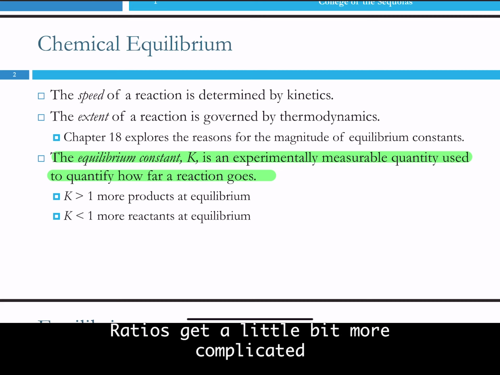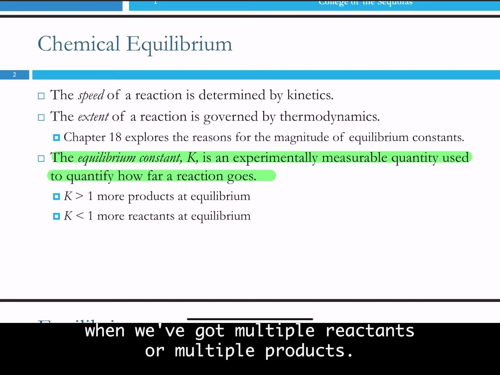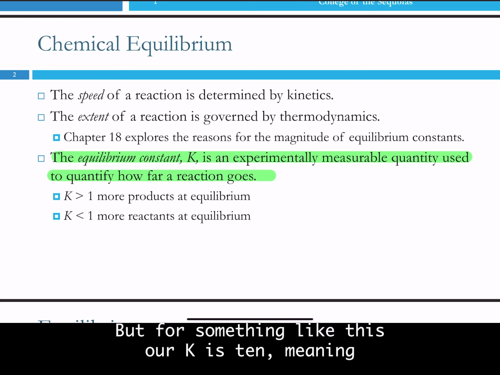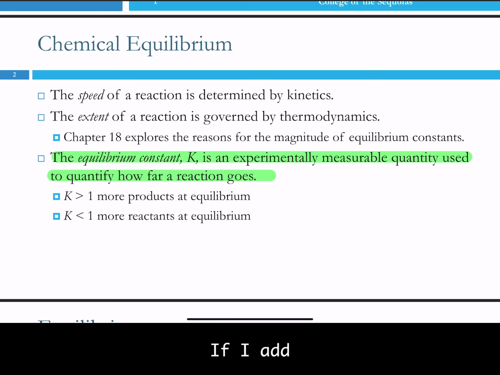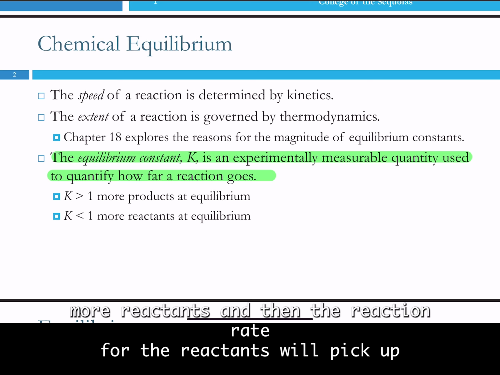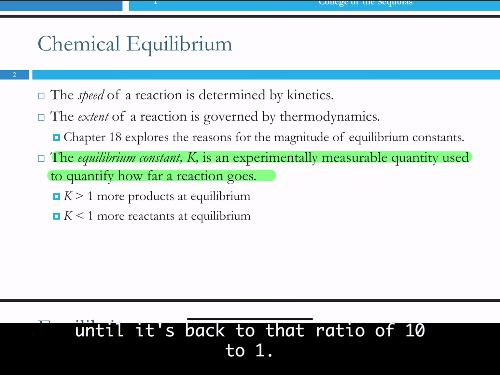Ratios get a little more complicated when we've got multiple reactants or multiple products. But for something like this, our K is 10, meaning I'm always going to have 10 times as many products as reactants. If I add more reactants in, then the reaction rate for the reactants will pick up until it's back to that ratio of 10 to 1.